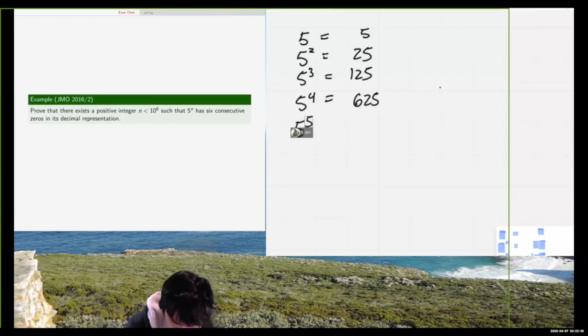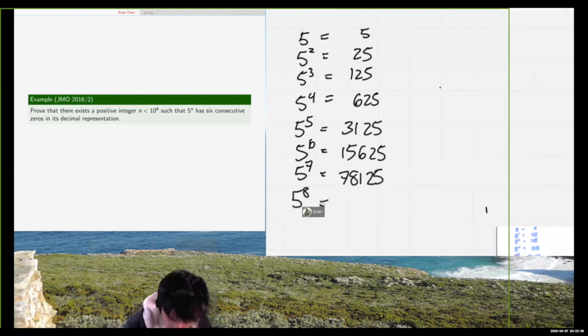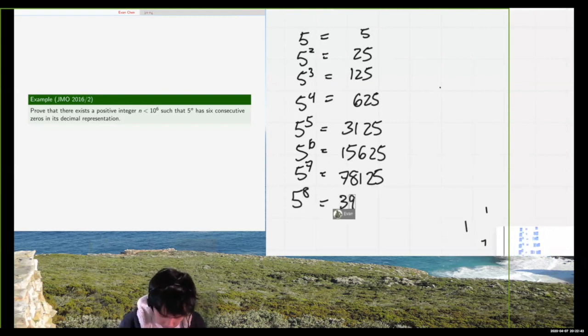And since the problem is asking about zeros, we're going to be paying attention to those. 3125, 15625, 78125. And the first zero that you see is going to take place at this 5 to the 8th step, where you have 390625.